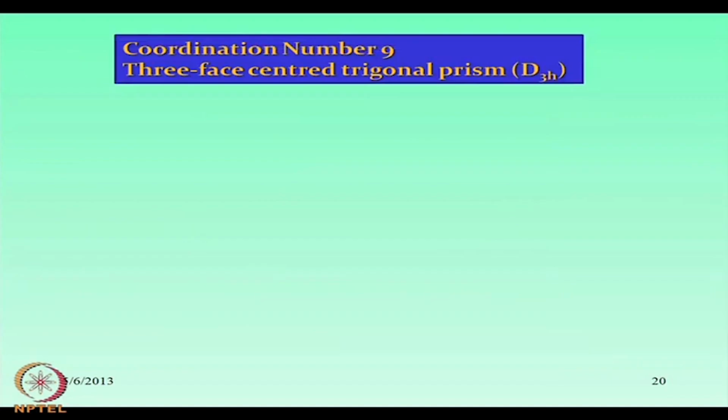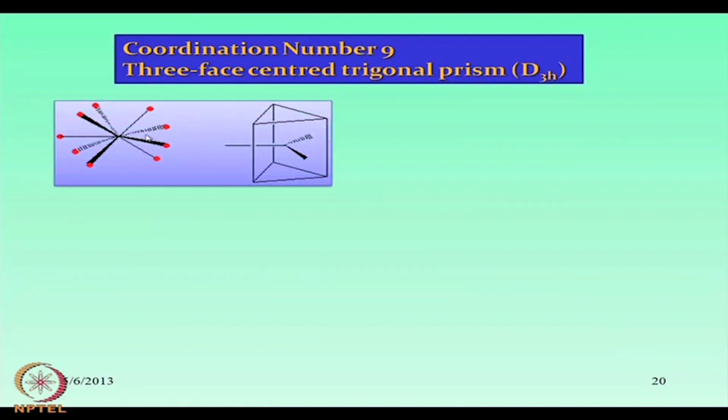Then we have the coordination number of 9, which is the three-face centered trigonal prism structure of D3h. This is one face and this is another face, and if all the faces of the trigonal prism are capped, all the three square faces, this is one square plane, this is another square, and this is another square plane, all three are capped, we get 6 plus 3, 9 coordination.